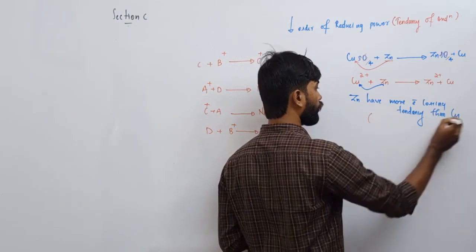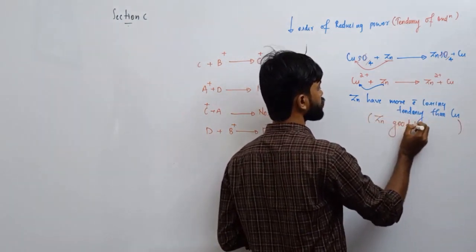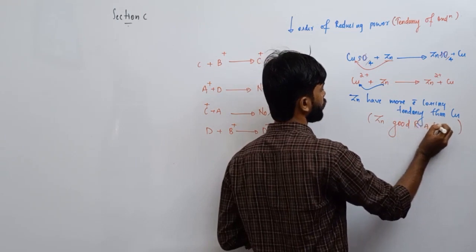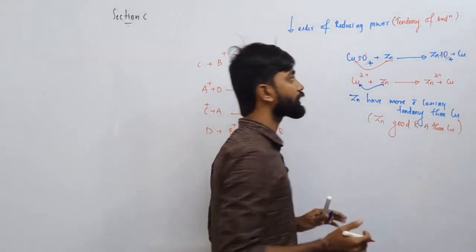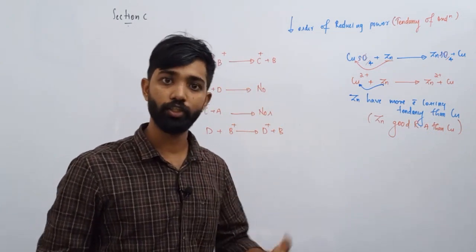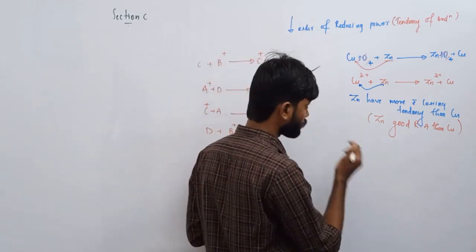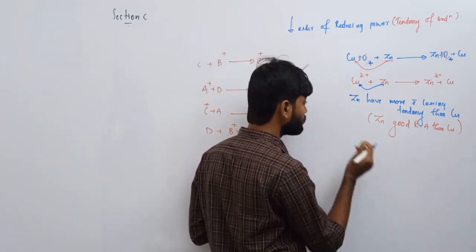Or zinc is a better reducing agent than copper, which means zinc has greater tendency for oxidation than copper. Fine. Ready?